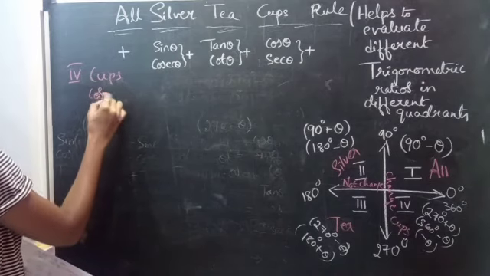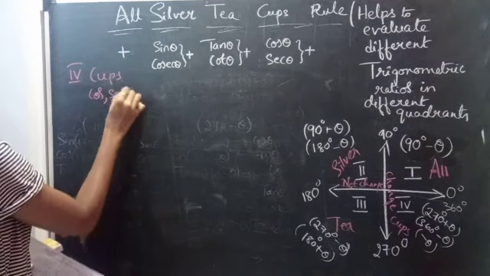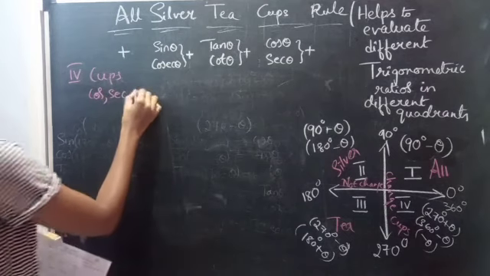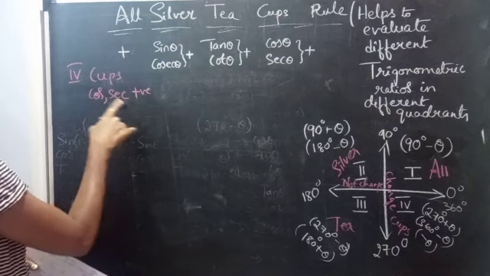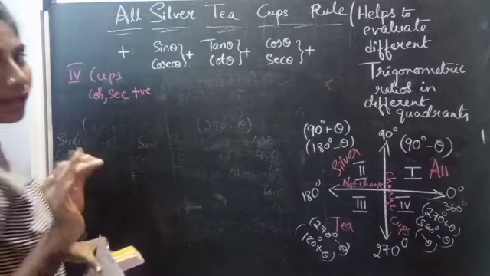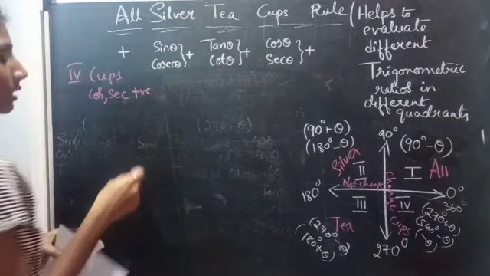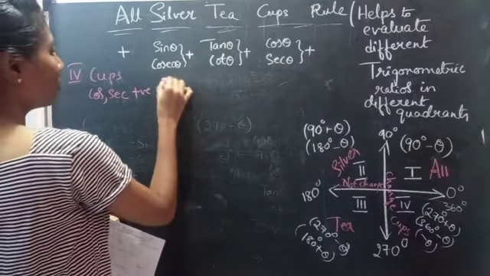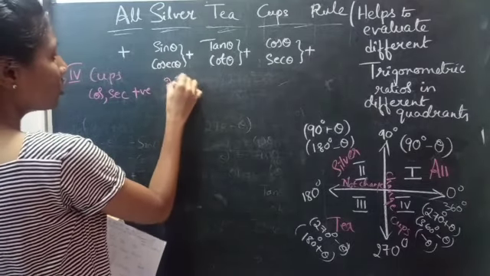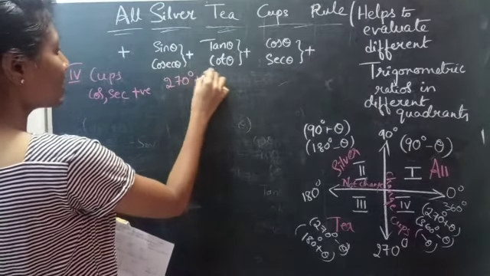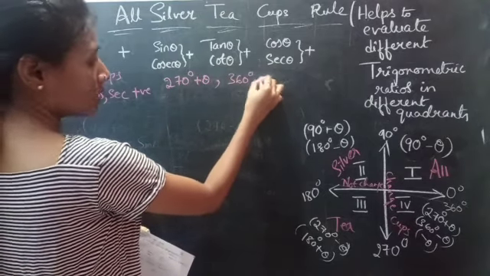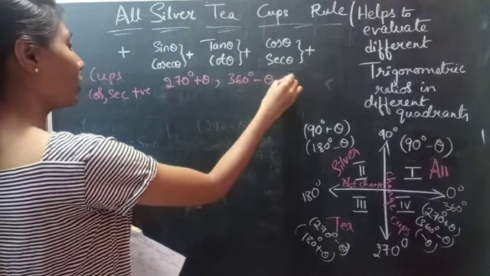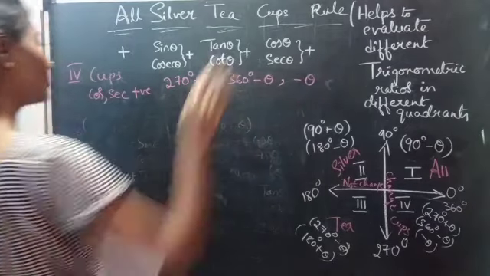Reciprocal of cos is secant. Both are positive. Only cos and secant are positive. Remaining are negative. Next, angles. First we'll see for 270 degrees plus theta, and next 360 degrees minus theta, and finally for minus theta. Okay.